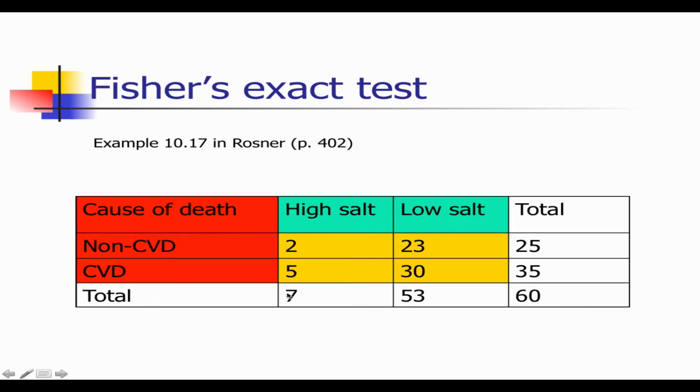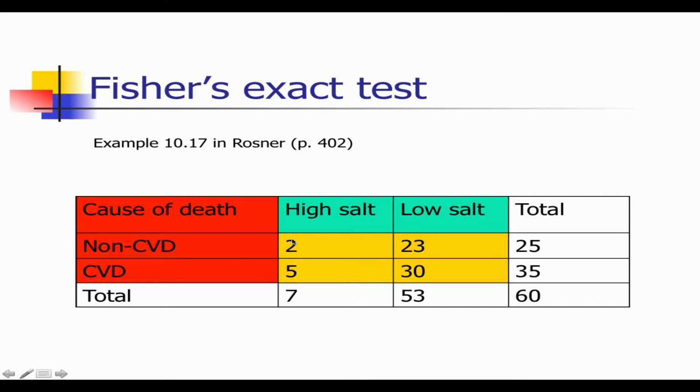Among the 7, 2 people died of non-cardiovascular disease, and 5 died of cardiovascular disease. In the other 53 in the low salt category, the numbers are 23 versus 30. If you just look at the numbers, first of all, each cell for the high salt, whether non-cardiovascular or cardiovascular, is very small.